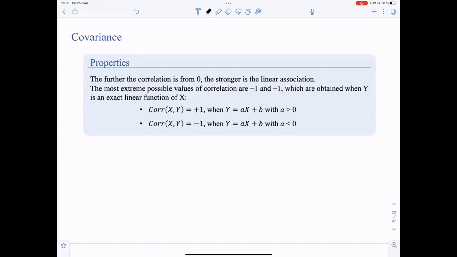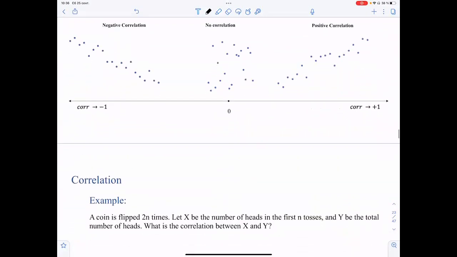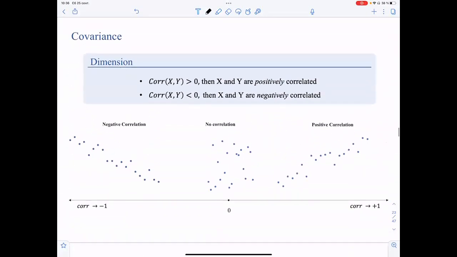Covariance was the first idea generated in this area of math, but the correlation is a sort of modification of covariance that eliminates all of the drawbacks, and helps us to claim whether random variables are positively or negatively associated.